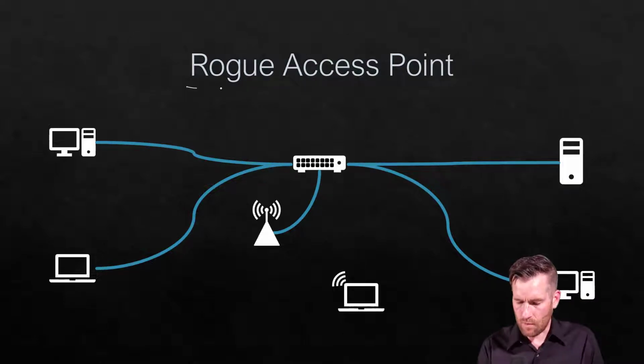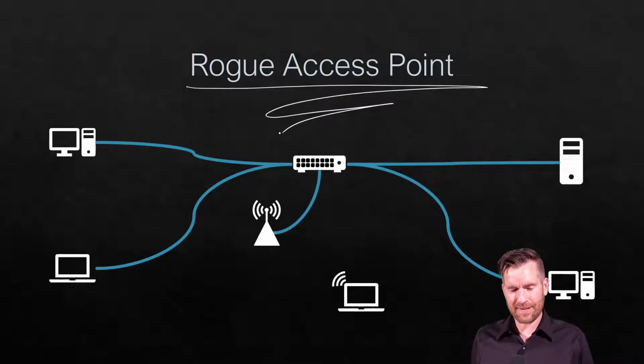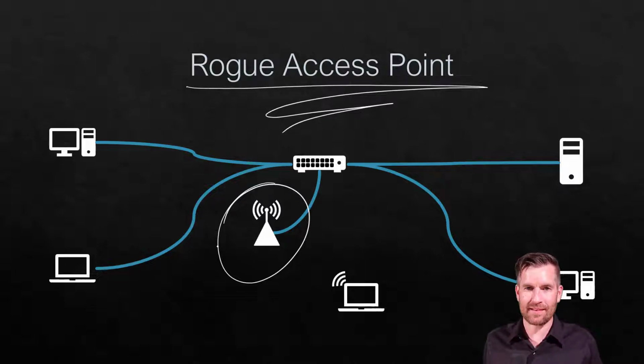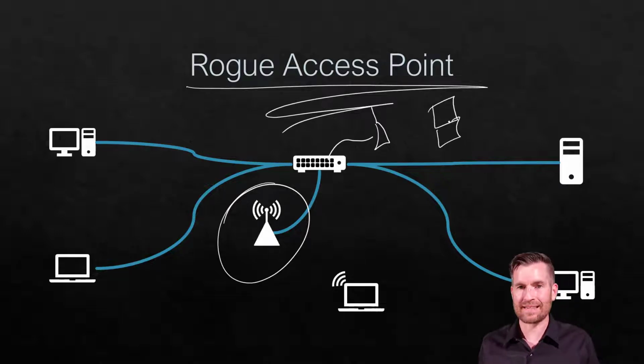Then we have a rogue access point. I've seen this before, where somebody doesn't like the access points that the company has, so they plug their own access point into the network, and then they use that access point instead to connect.